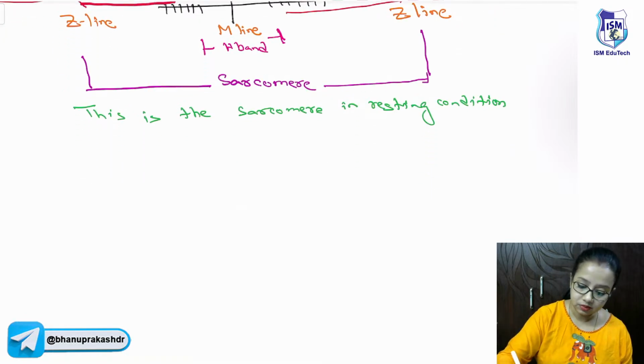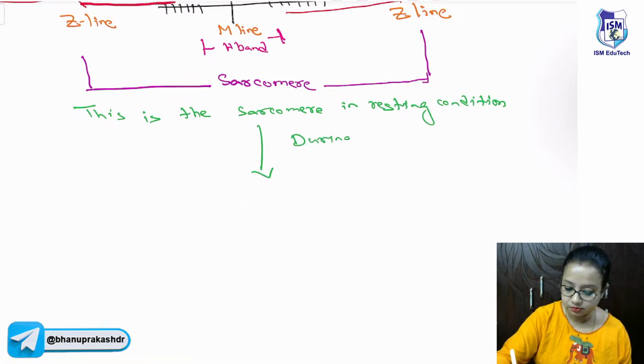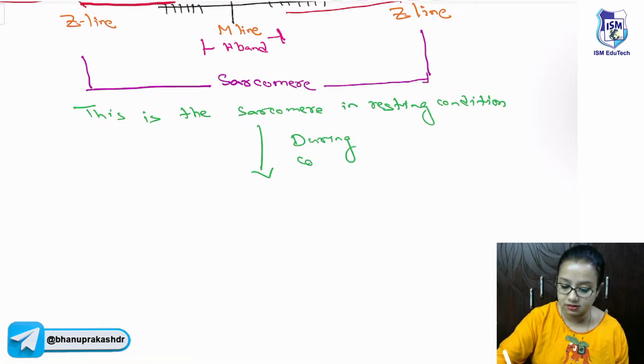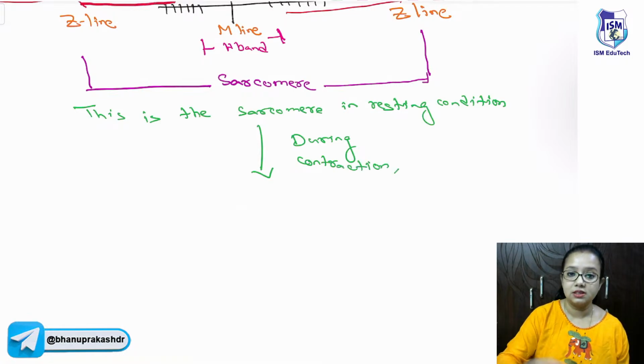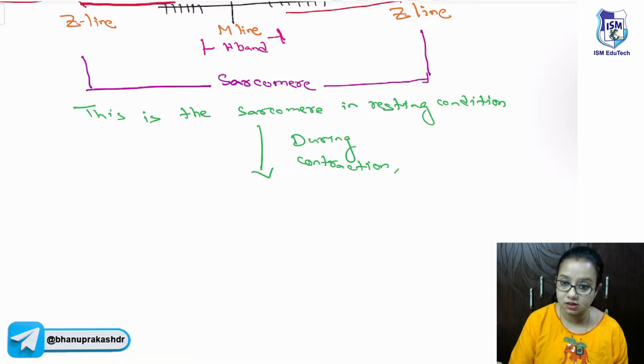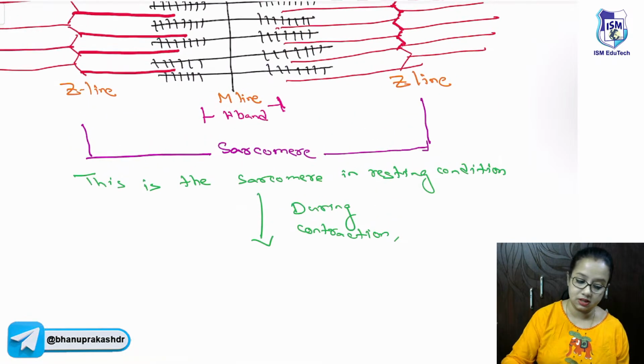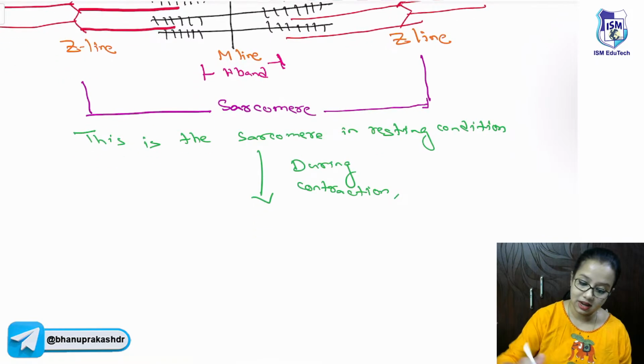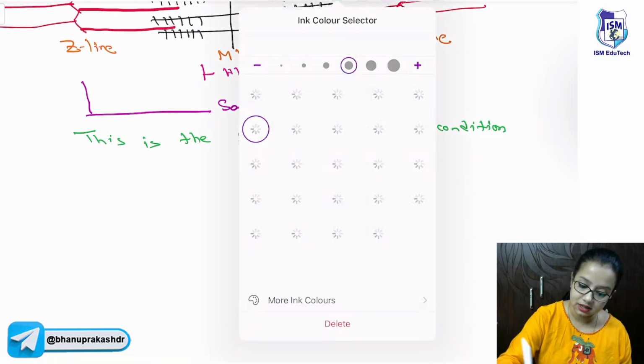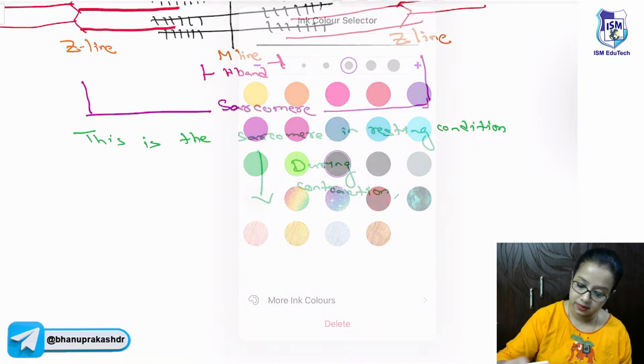Now, during contraction, this whole A band and I band come closer. So the structural change in the sarcomere during contraction happens like this.